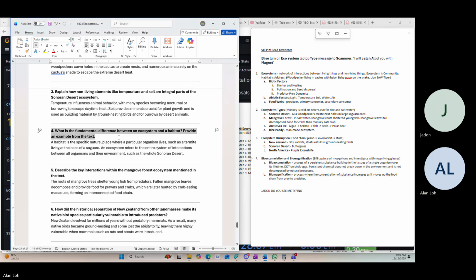Okay, the keyword is ecosystem and habitat. Where do you see habitat? Number 2? Number 1. Okay, do you see habitat over here? Do you see the habitat that I bolded just now?